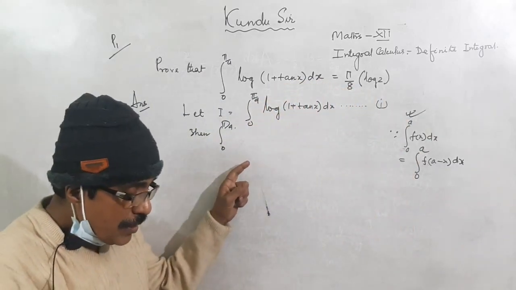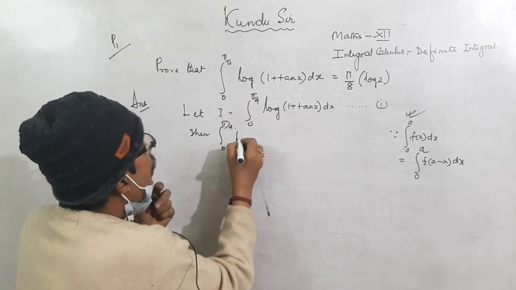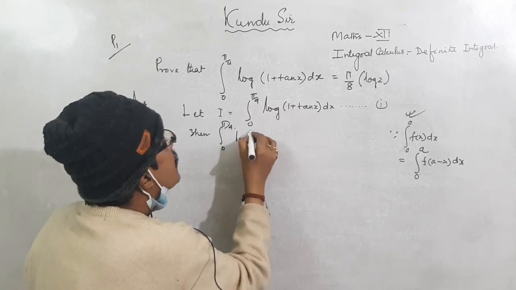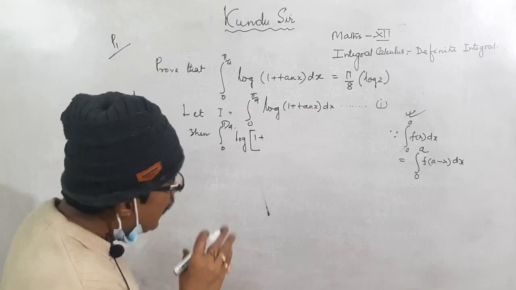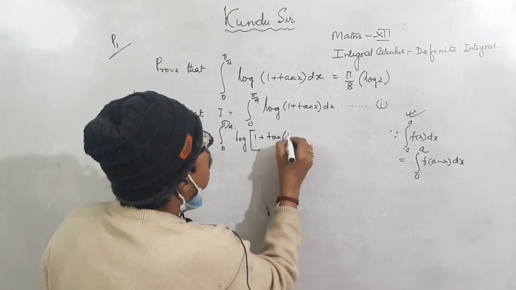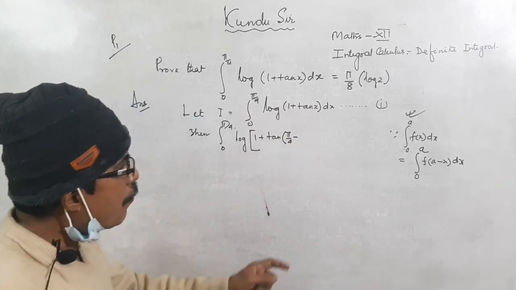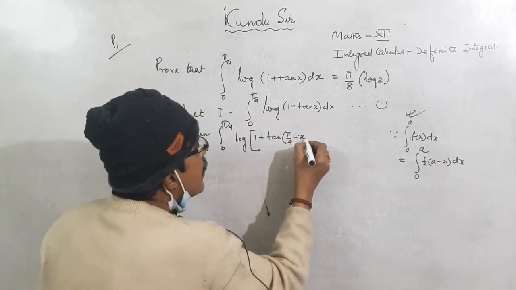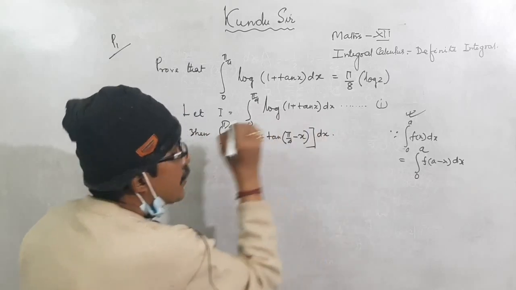So we can write this one as log of 1 plus tan(pi by 4 minus x) dx.